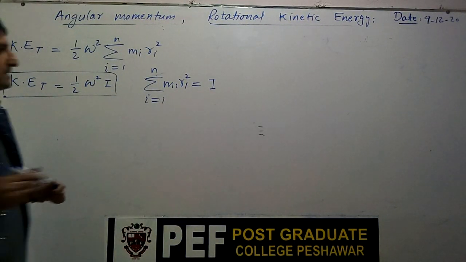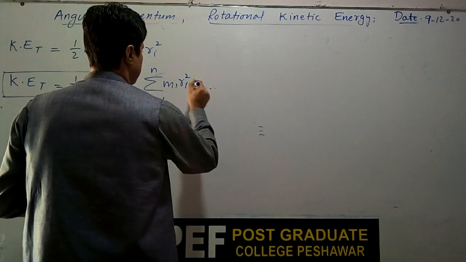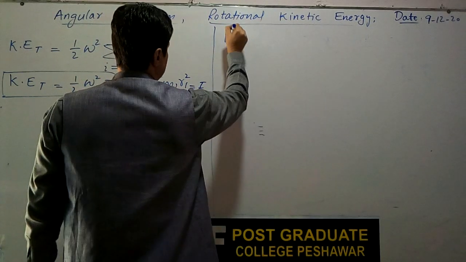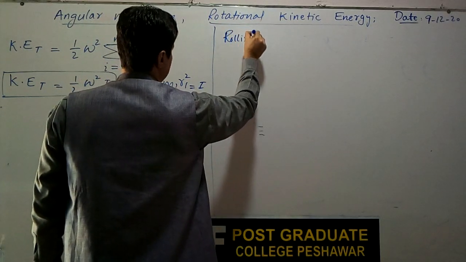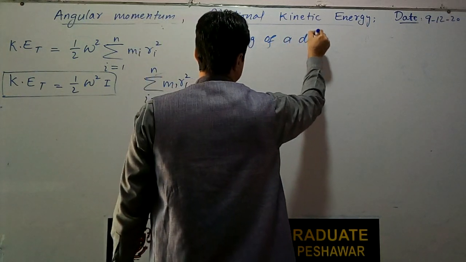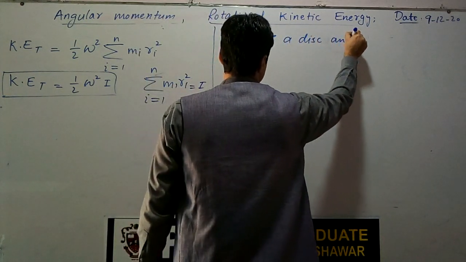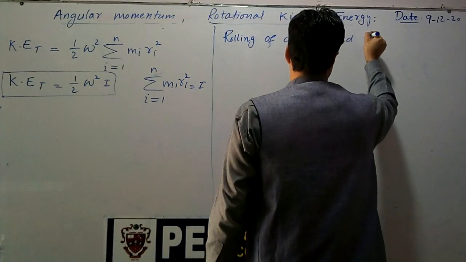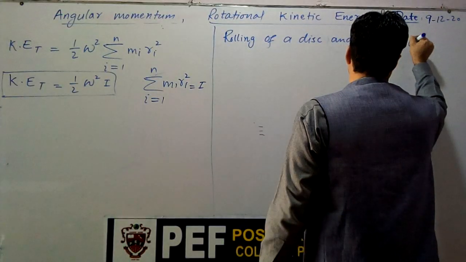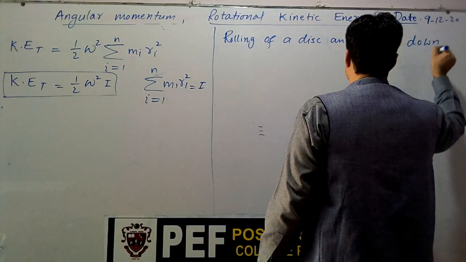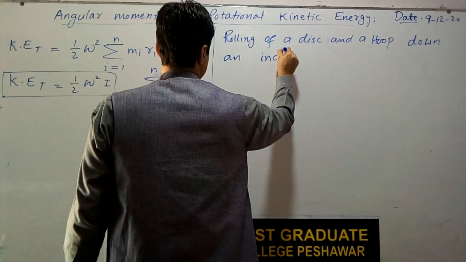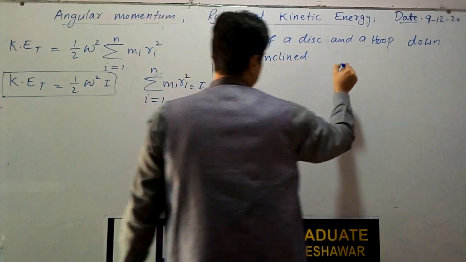Here you can set up the rolling of a disc and a hoop down an inclined plane.